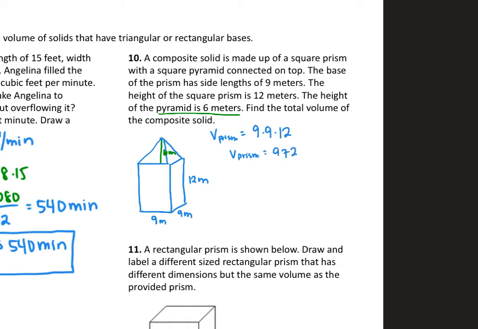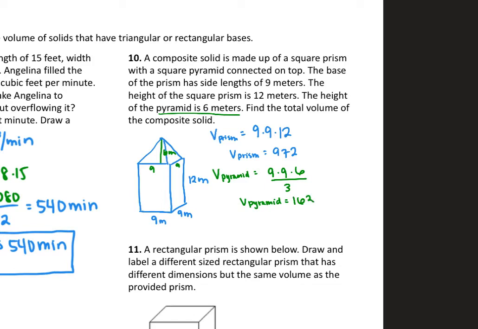And then we're going to find the volume of the pyramid. And the base has the same measurement, so it's going to be 9 times 9. The height of the pyramid is 6, but since it's a pyramid, we're going to divide by 3. So that volume is going to be 162.